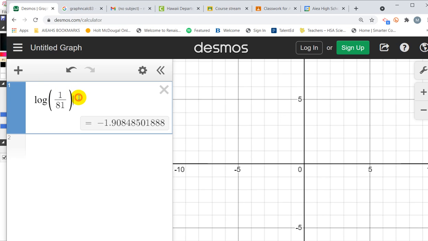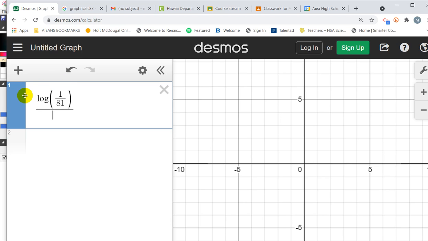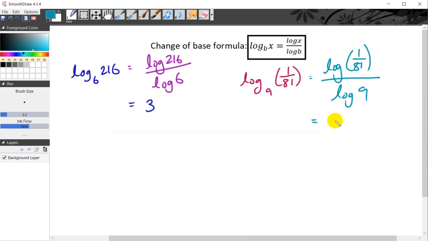Then I highlight this whole thing, press the division symbol, and put log 9. And there we go, that's exactly what I showed you earlier, and that is negative 2. Those are some examples of how this works.